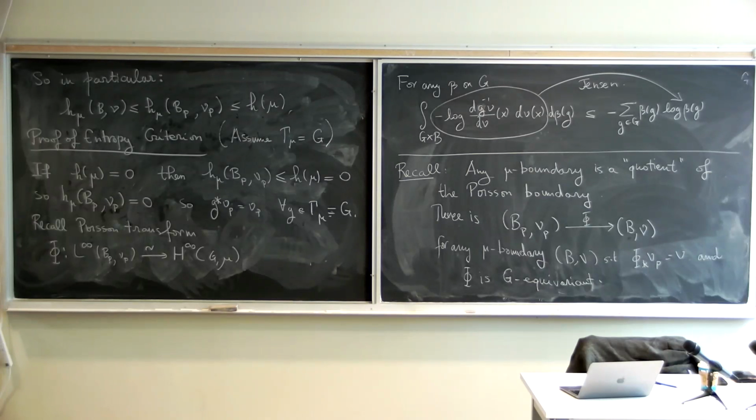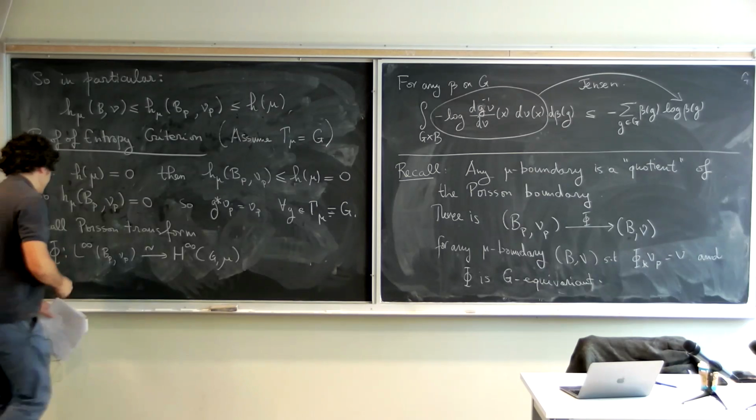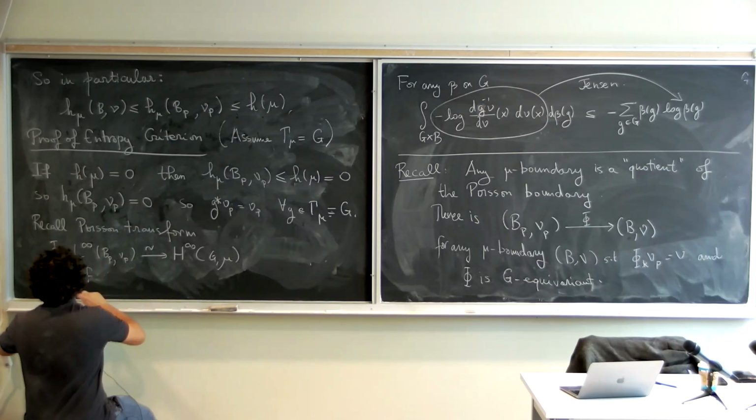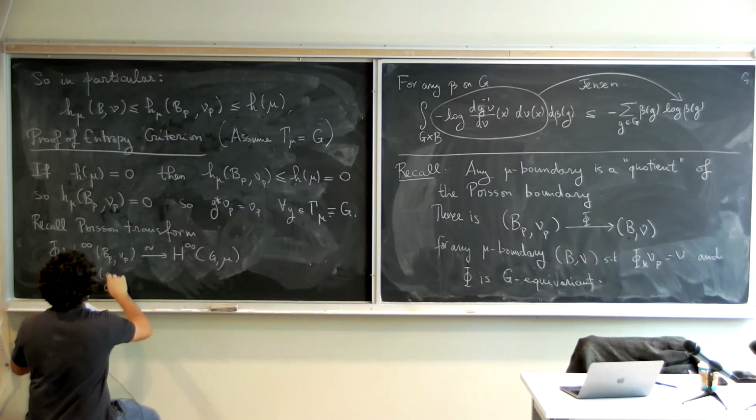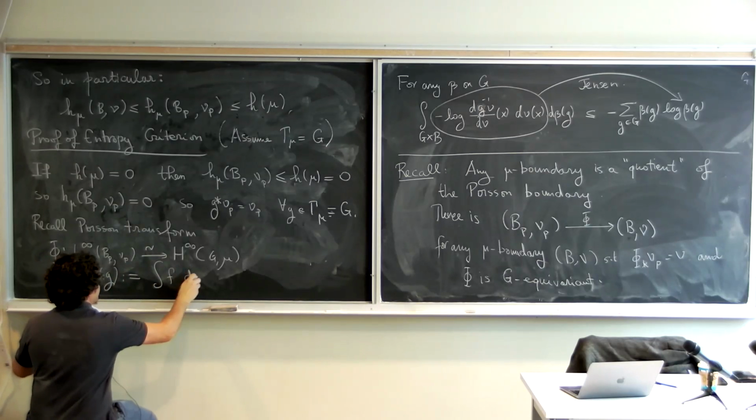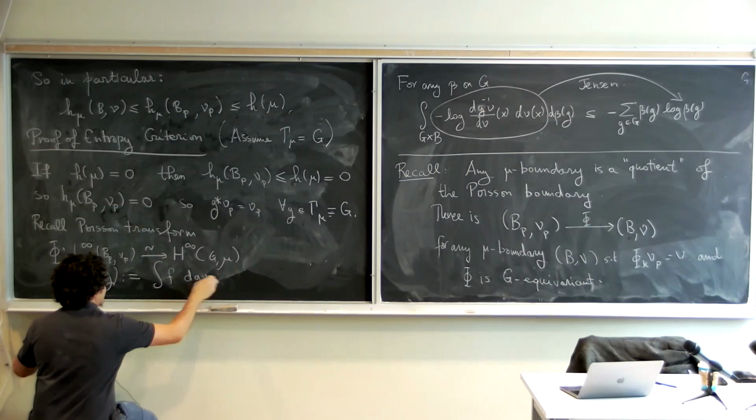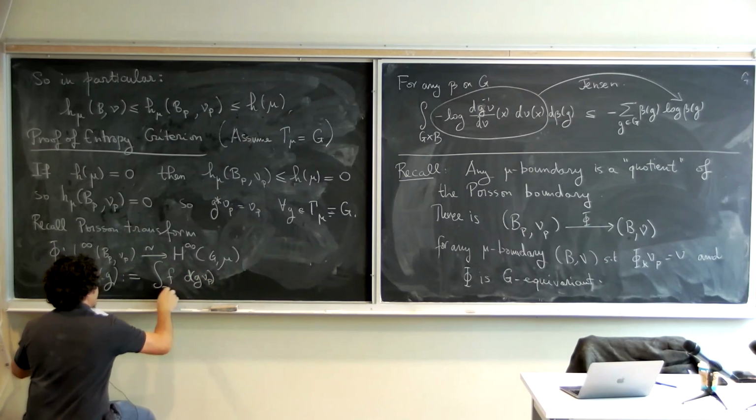And how is that defined? Well, you start with f, and then phi of f at g is the integral of f d(g nu_P) over the boundary.